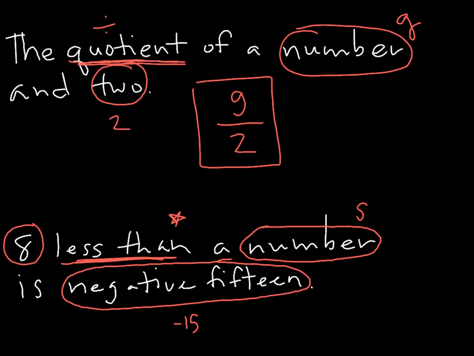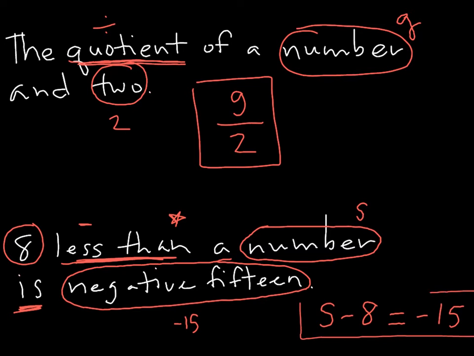So it's not going to be 8 minus S, it's going to be the other way around because I have to start with my variable S and then take 8 less than that. And then another key word here is the word is. That actually is the equal sign. So if I read through this again, 8 less than a number S, so I'm starting with S and I'm taking away 8, is negative 15.